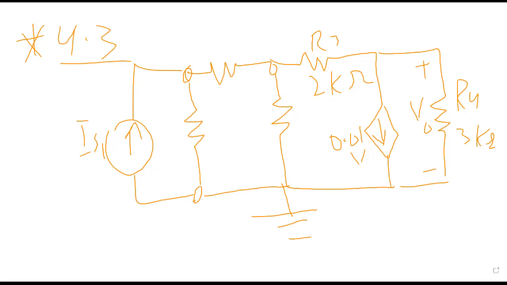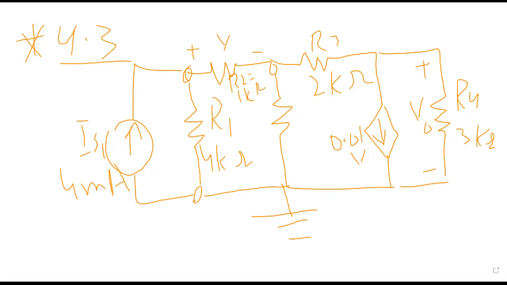IS1 equals 4 milliampere. This is my R1, R1 is 4 kilo ohm. Then there is a positive and negative voltage also here. And this is also R2 here. So R2 equals 1 kilo ohm.